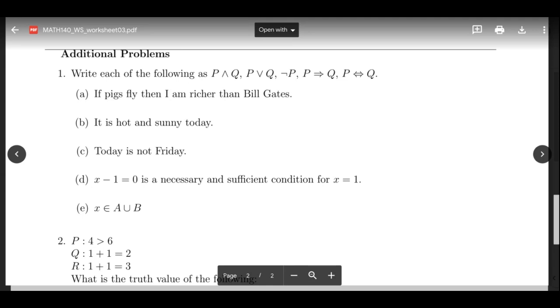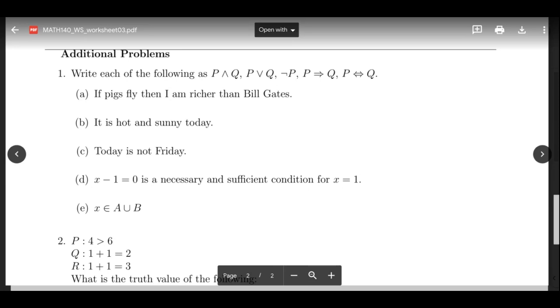I'm sorry, Samisha, because Aidan has a question, so I'm trying to answer his question. Okay, Aidan, let's see this one. If pigs fly, then I'm richer than Bill Gates.